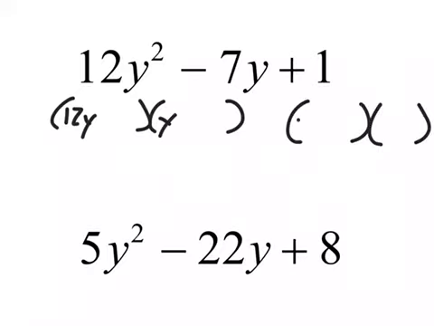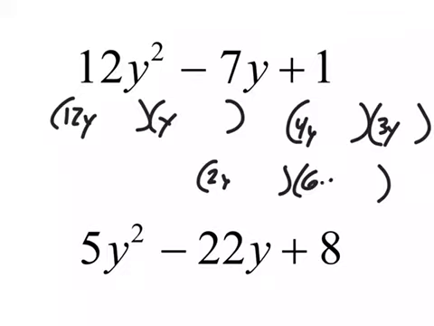It could also be 4y and 3y. Or it could be 2y and 6y. Right? There's a whole bunch of different combinations, and it's a little tricky to sort through all of that different stuff. The more you do, though, the reason we're doing so many of these, the more you do, the better you will get at it.